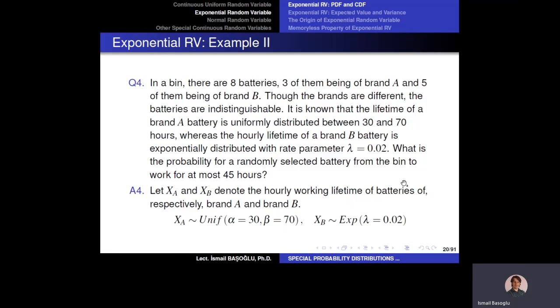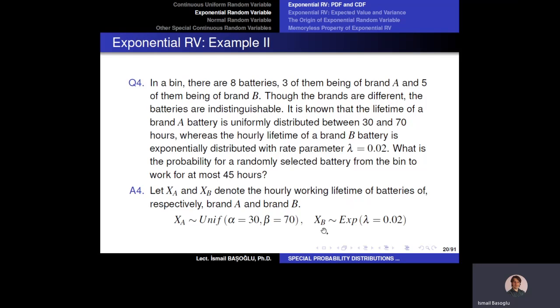Actually, if we do not know the brand of battery that we have selected, we do not know its distribution. But if somebody tells us partial information about the brand, then we know that type A batteries have a lifetime that is uniformly distributed between 30 and 70 hours, where the lower bound parameter alpha is 30 and the upper bound parameter beta is 70.